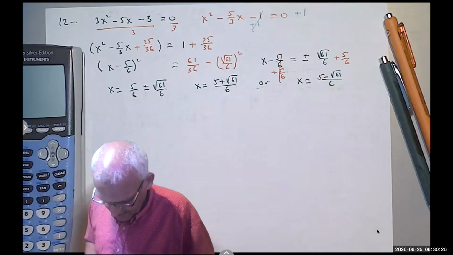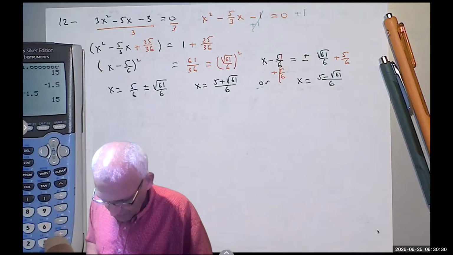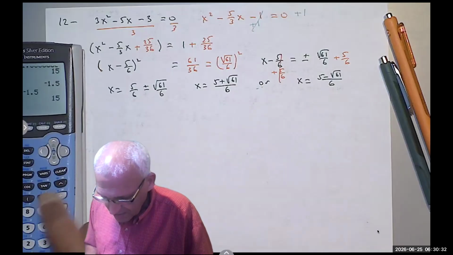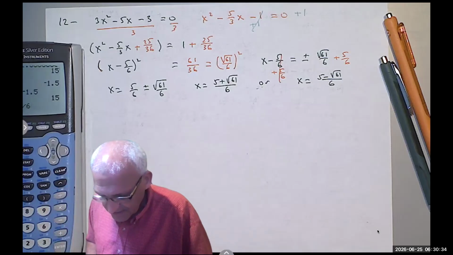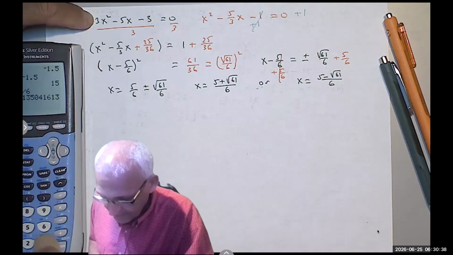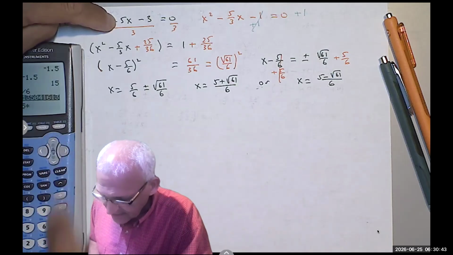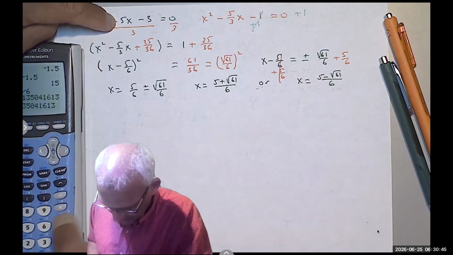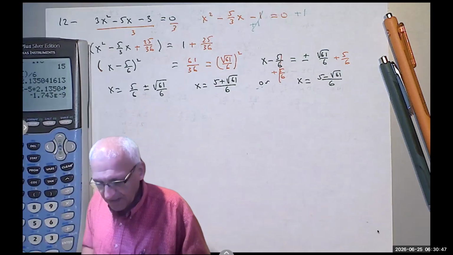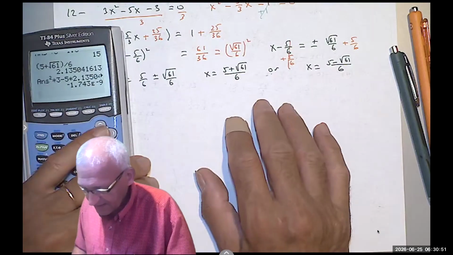I will enter the (5 plus square root of 61) over 6. I'm going to square that and multiply it by 3, minus 5 times that, minus 3. And I get 0. Negative 1.7 times 10 to the negative 9.